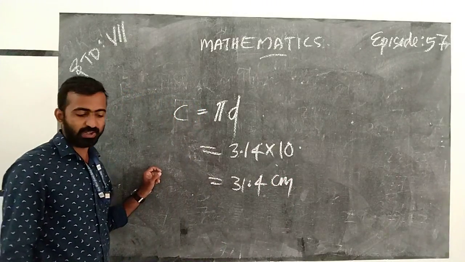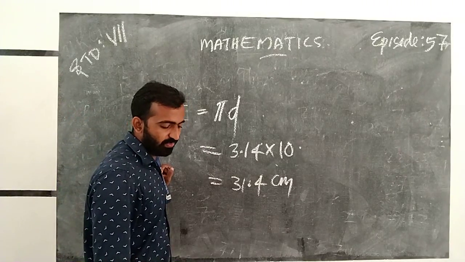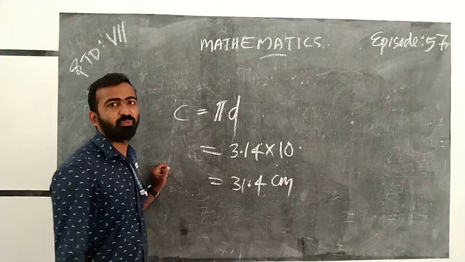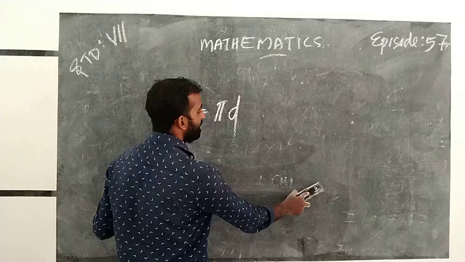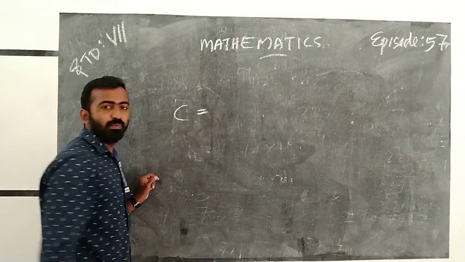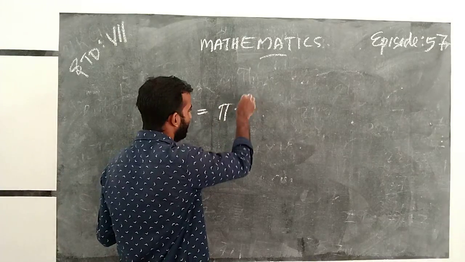And example 13 is, what is the circumference of a circular disc of radius 14 centimeter? Here the radius is given, so we take the circumference as pi r square.